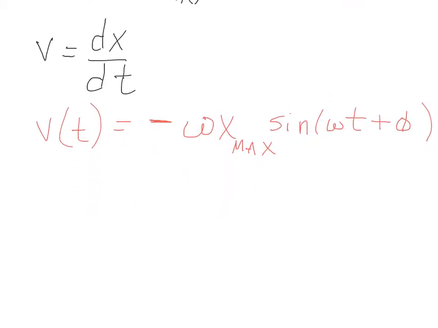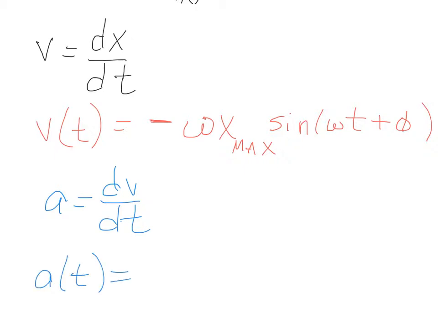So there's the process of doing the first derivative. And then to get the acceleration function, we do the same thing over again. But this time, acceleration is just the derivative of velocity with respect to time. So now you have to know that the derivative of a sine is a cosine. So the acceleration function as a function of time can be written. It'll still have a negative because we don't have anything to change the sign.